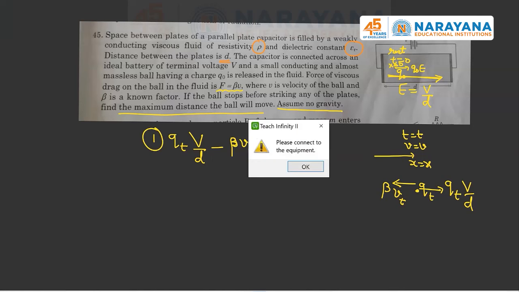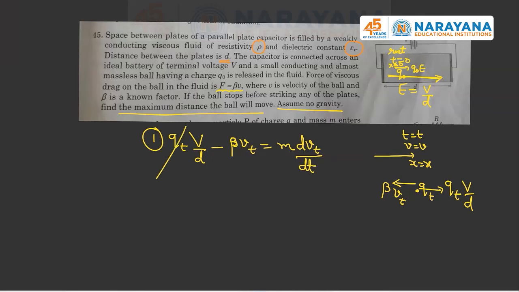Now, let me try to write q as a function of time directly. There is a property in RC circuits that you give me any conductor of any shape, and from the surface of the conductor till infinity, you fill a medium with resistivity rho or conductivity sigma.